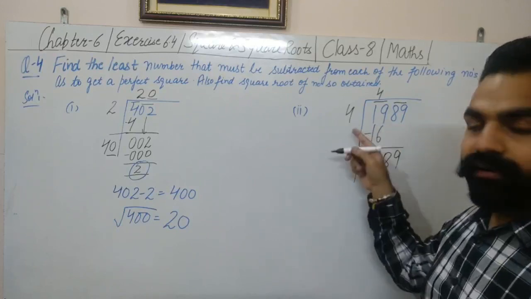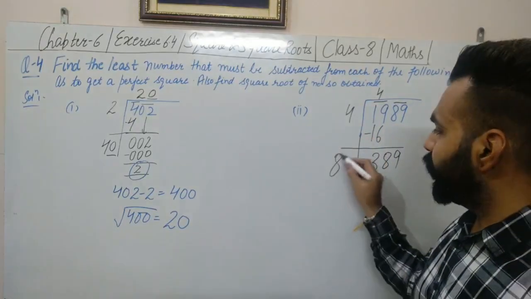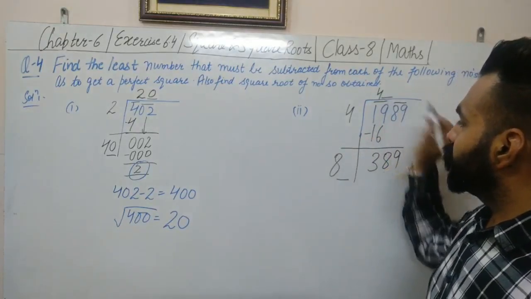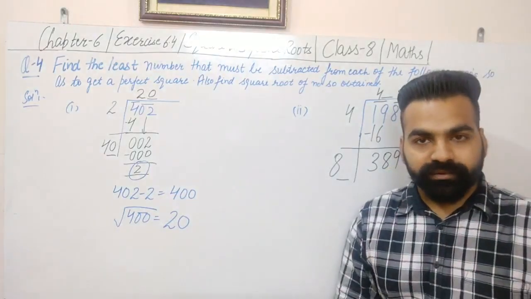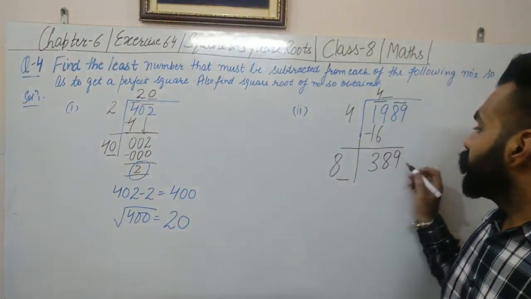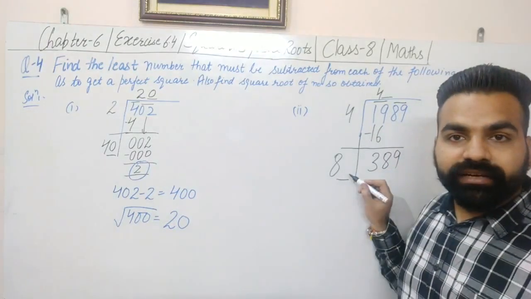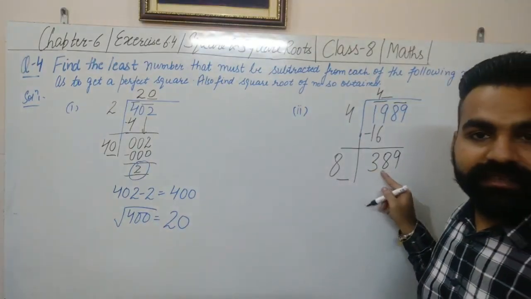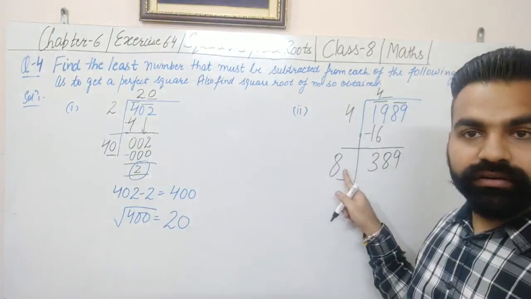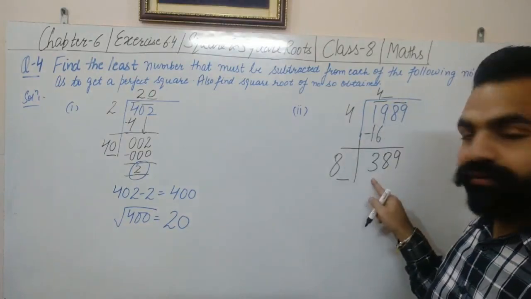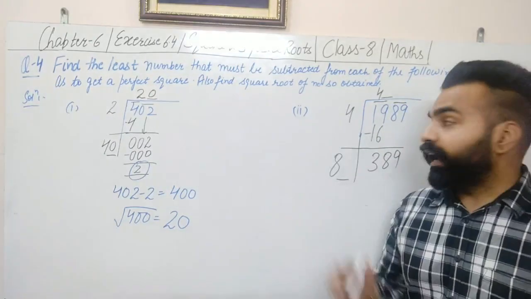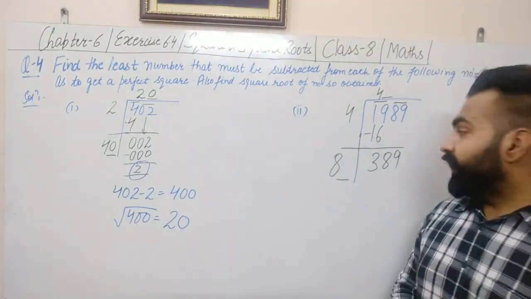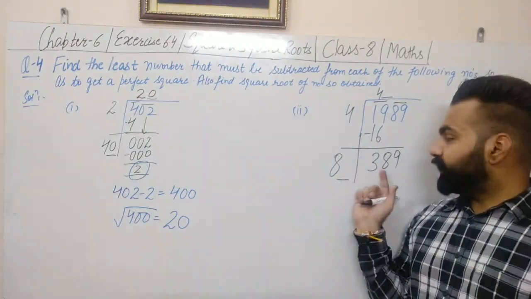Now we have to divide, double the divisor here: 8, put a blank. Think of a digit which can be taken here. If we take 1, then 81 into 1 is much less than 389. Can we take 2 here? 82 into 2 we have to check. We take digits up to whenever the product is not greater than this number.